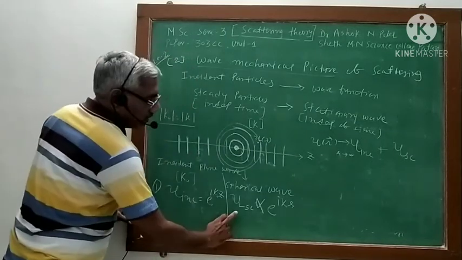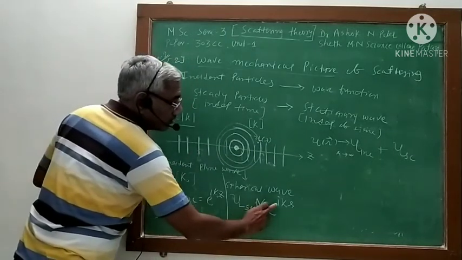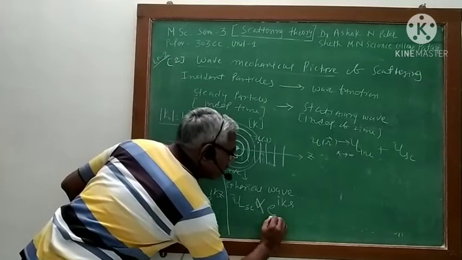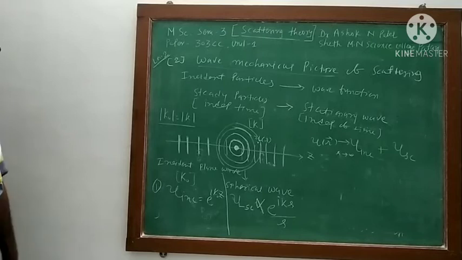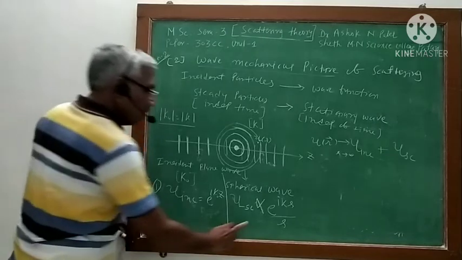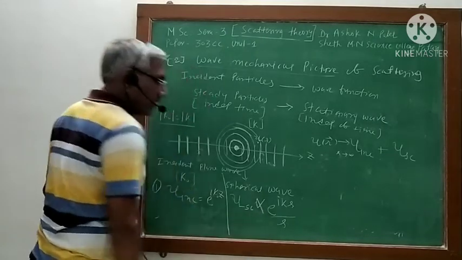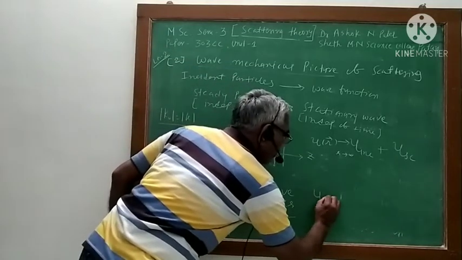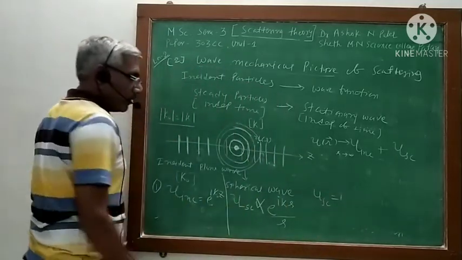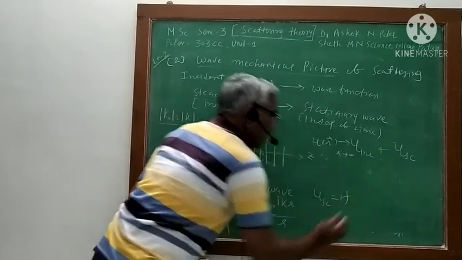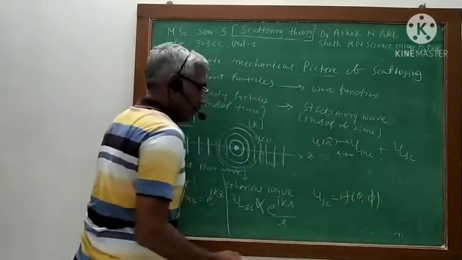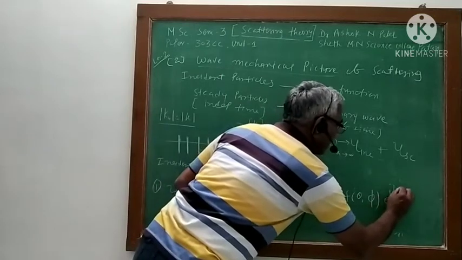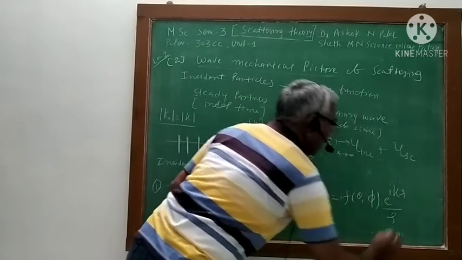So actually u scattered is proportional not just to e^(ikr) but also to 1/r. I represent the proportionality constant by f(theta, phi), so u scattered equals f(theta, phi) into e^(ikr) upon r.